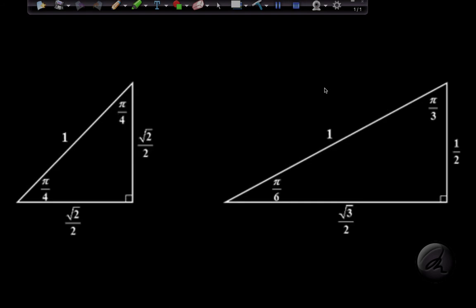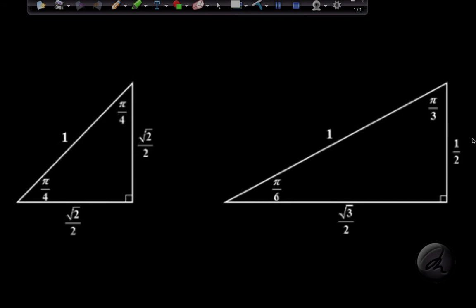The particular ones that we're going to be interested in, and the ones that we'll have to commit to memory, are these special right triangles that we've looked at in the past with degree measure. On the right-hand side, we have the 30, 60, 90 right triangle, here given to us with its radian measure of angles. Pi over 6 corresponds to 30 degrees of rotation, pi over 3 corresponds to 60 degrees.